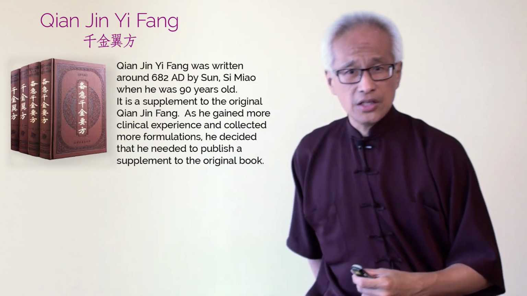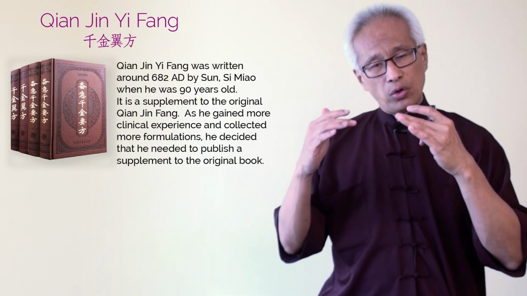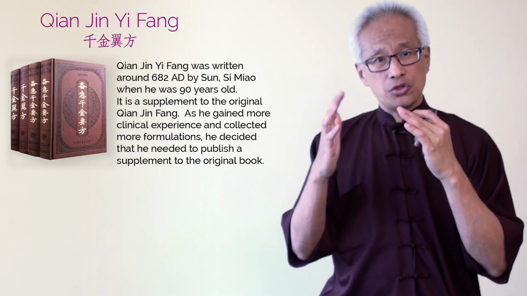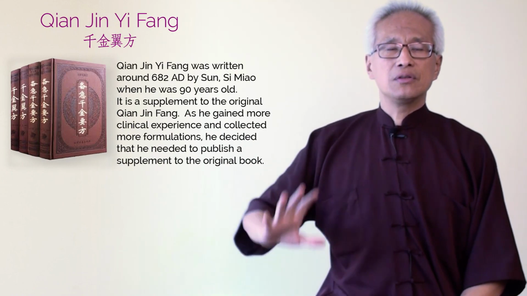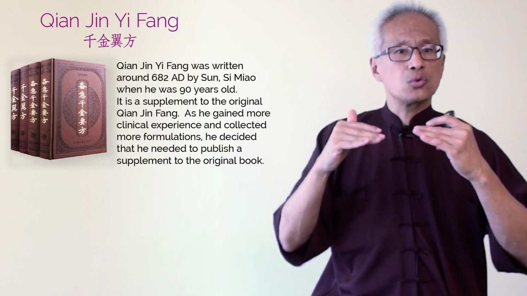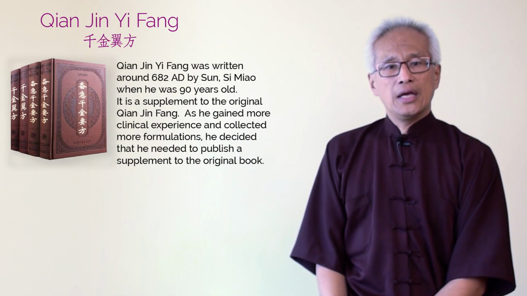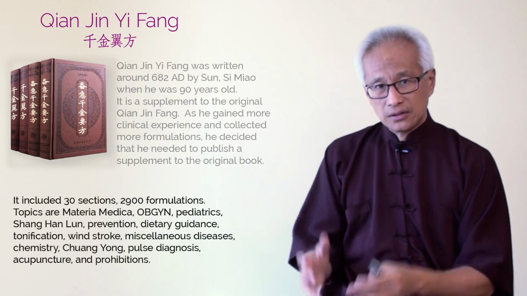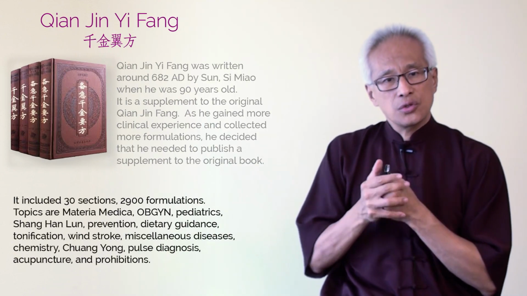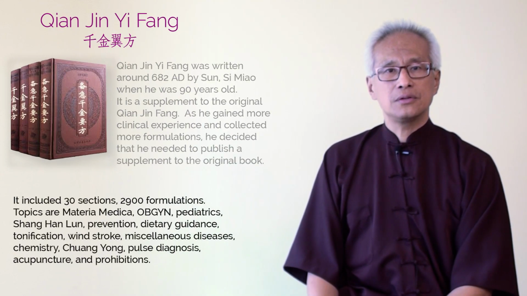Then he wrote a 千金翼方, which is what we call the supplement to the 千金药方. So on top of the main book itself, there's also a secondary book. The second book includes 30 sections and 2,900 formulas.